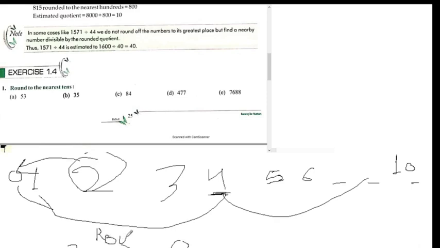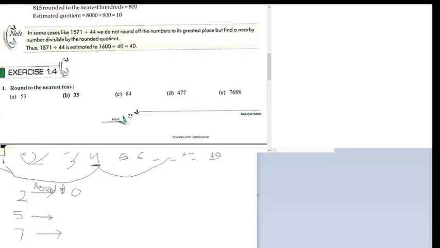Round off. Similarly, round off of 4 is 0 because 4 is nearest to 0.